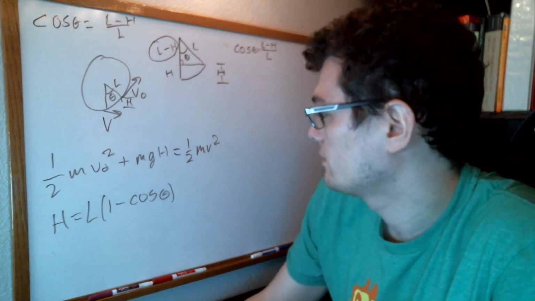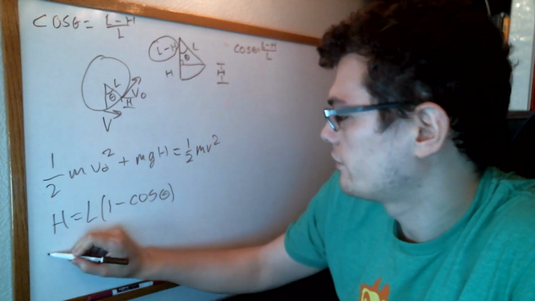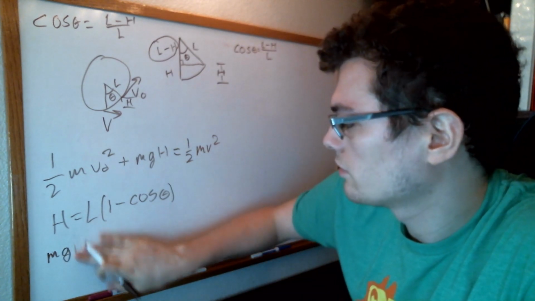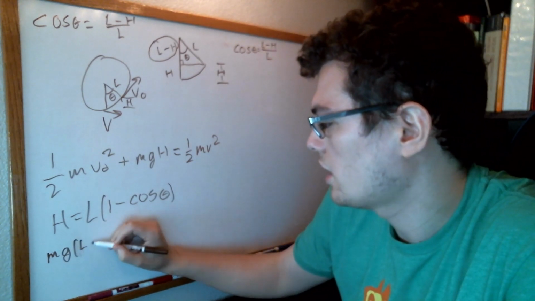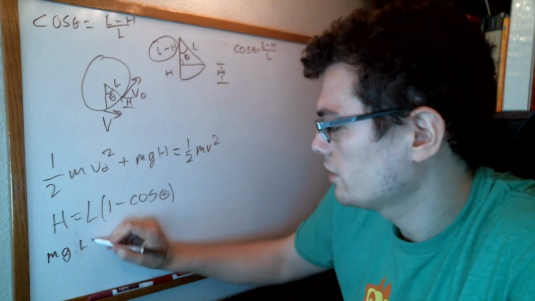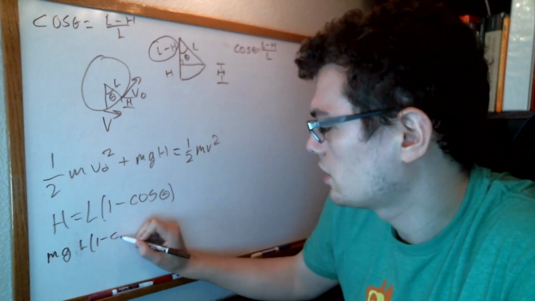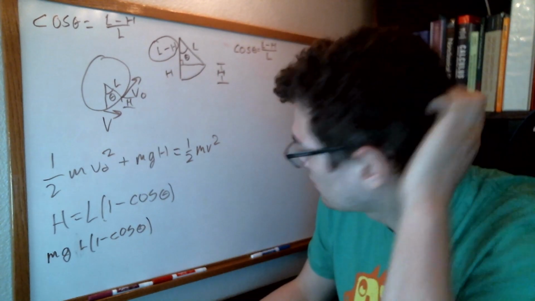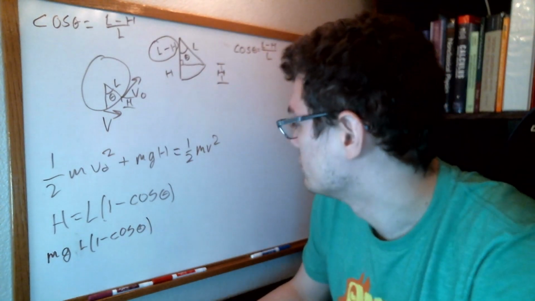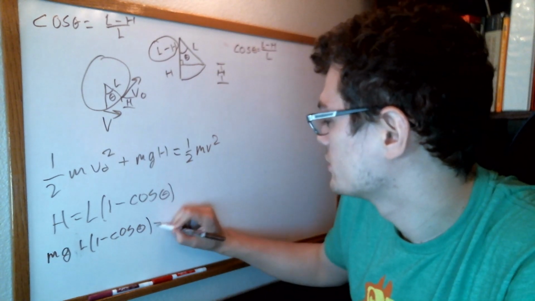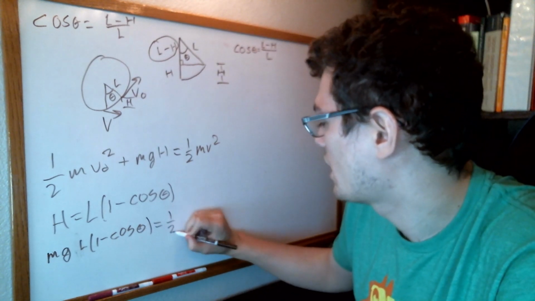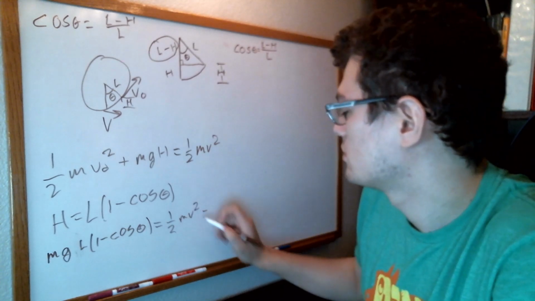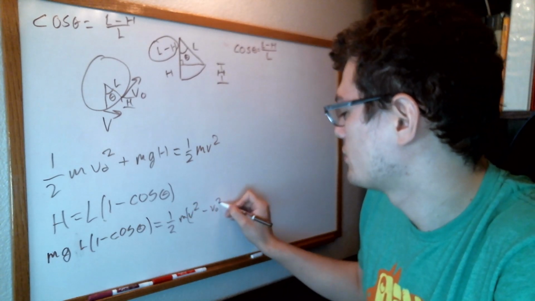So let's do that. We're going to have mgh, but then we can erase that and plug in L there times 1 minus cosine theta. And from here, we can say, all right, well, this is going to be equal to 1/2 m v squared minus v naught squared.